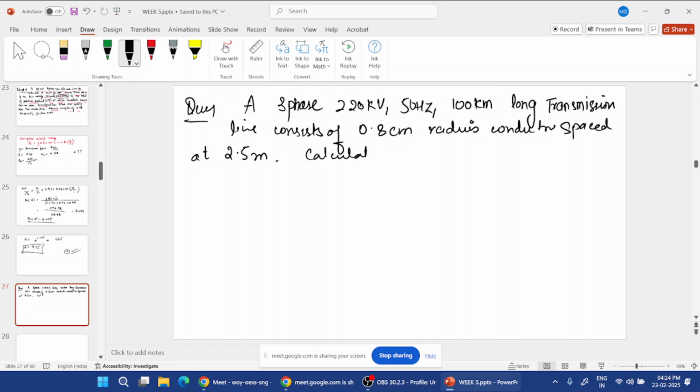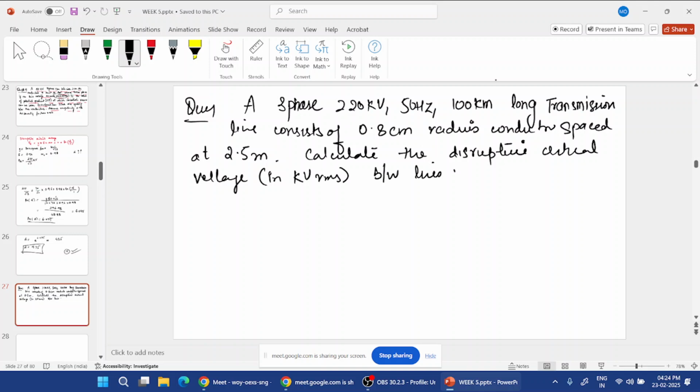Calculate the disruptive critical voltage in kV RMS between the lines.